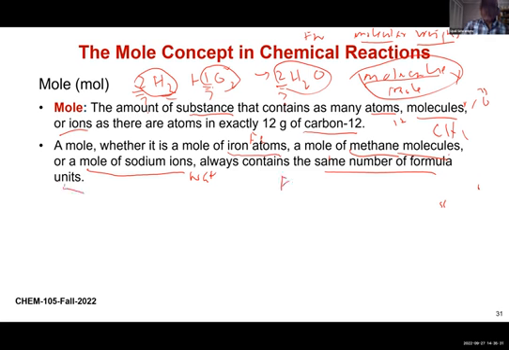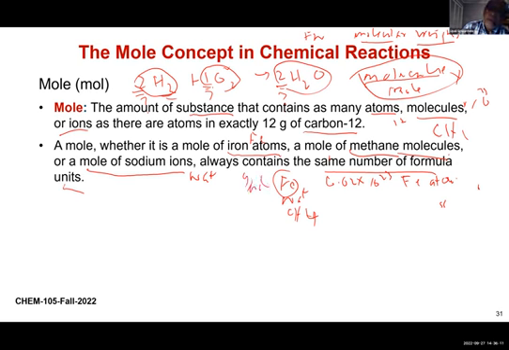For example, 1 mole of iron atoms contains 6.02 times 10 to the 23 iron atoms. It could be sodium ions, or CH4. 1 mole is the formula mass in grams per mole.